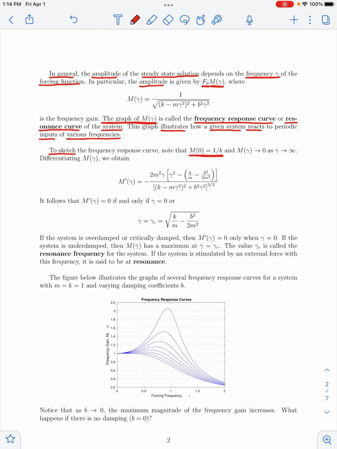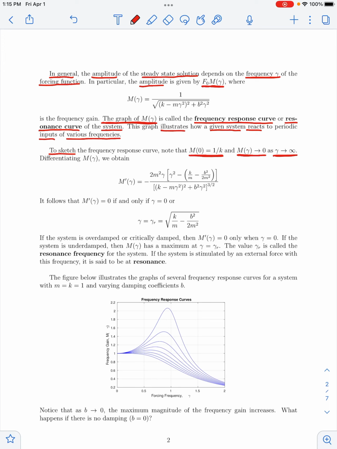So the larger the stiffness of the spring, that is, the more difficult it is to move, we would have a smaller frequency response. And as gamma approaches infinity, then m of gamma, our frequency gain, approaches 0.